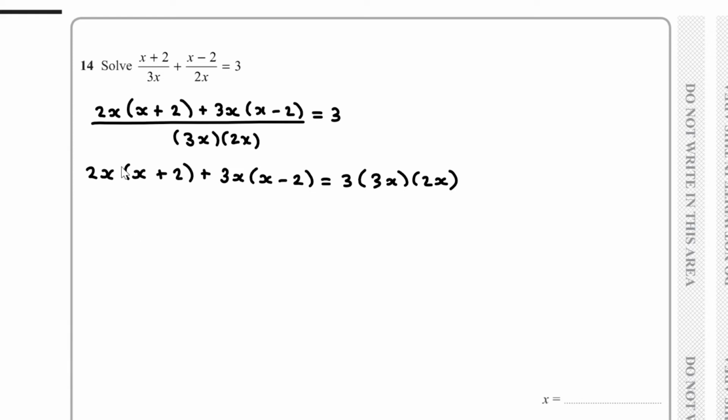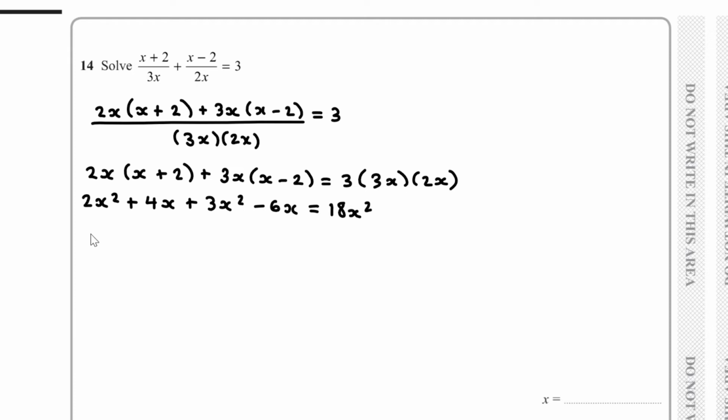So, if we expand and simplify, 2x times by x, that's 2x squared, 2x times by 2, that's 4x, 3x times by x, that's 3x squared, 3x times by minus 2, that's minus 6x, and this is equal to 3 times by 2, which is 18, and then we have the x squared.